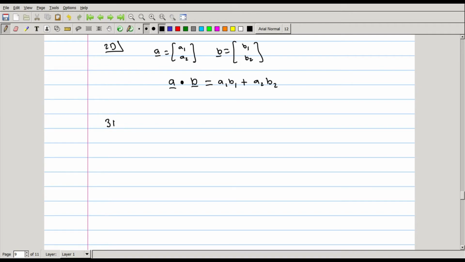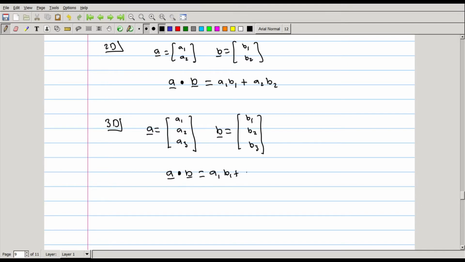So likewise, in 3D, where you have 3 components to your vectors, the dot product is going to be the same thing, just with the addition of the third component-wise multiplication of the components multiplied together.